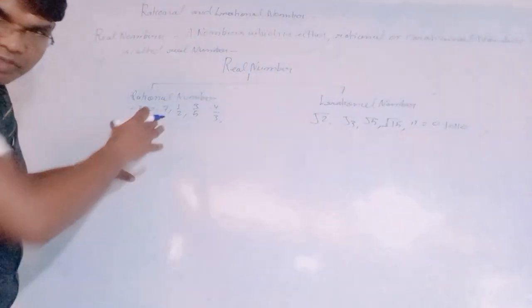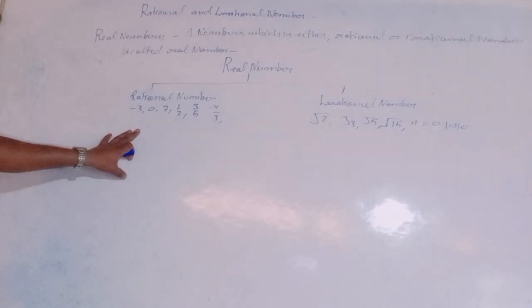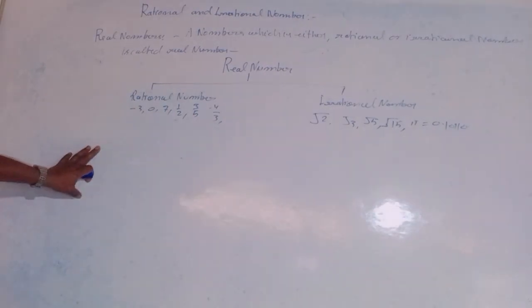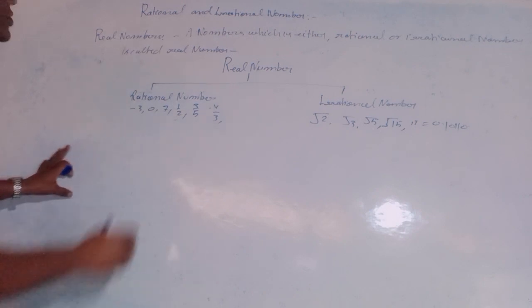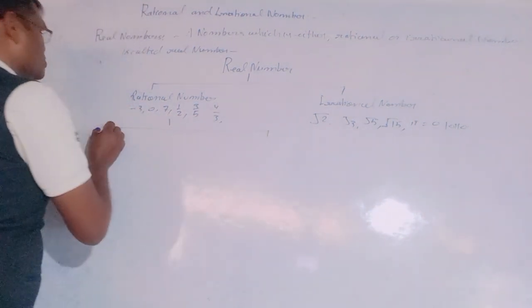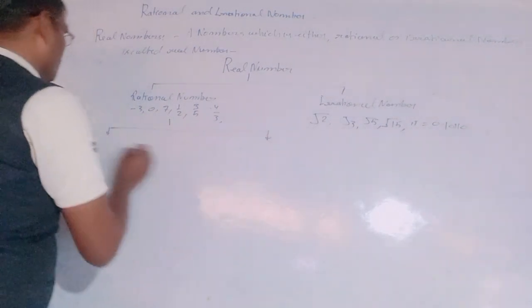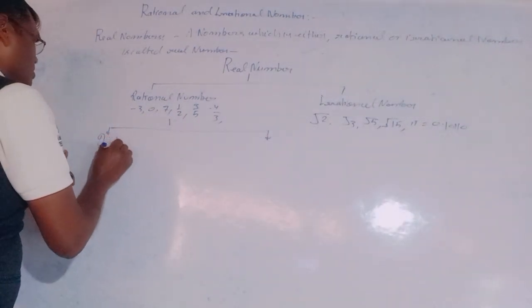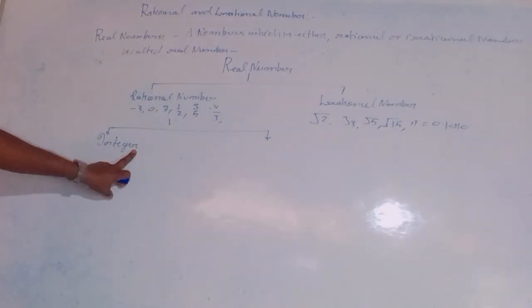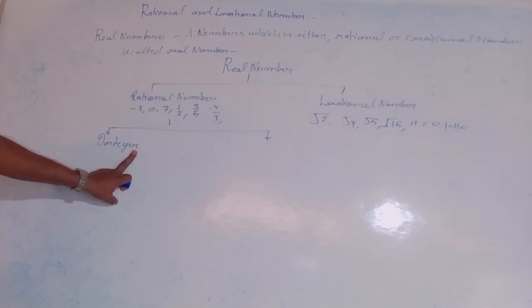Now we will divide the real numbers into two parts. Rational numbers have two parts: first, integers, and second, non-integers, which are fractions.